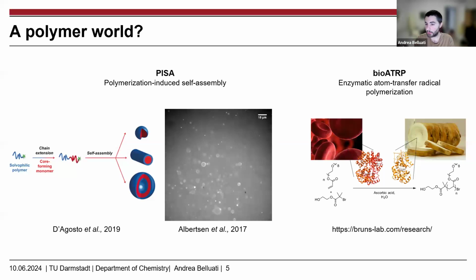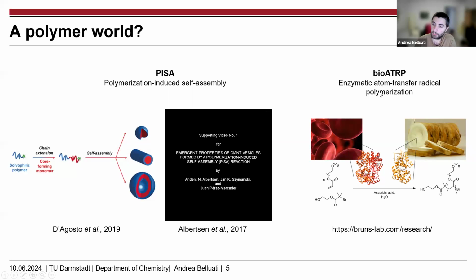Using some metalloproteins, such as even hemoglobin or horseradish peroxidase, laccase, and whatnot, you can actually perform this kind of radical polymerization called ATRP that forms using an initiator that usually contains a halide, and in aqueous environment with ascorbic acid or a similar reducing agent, you get amphiphilic block copolymer or a block copolymer or a copolymer in general.